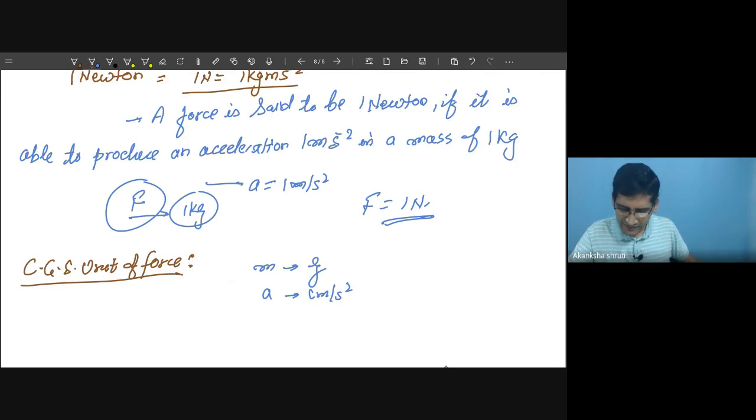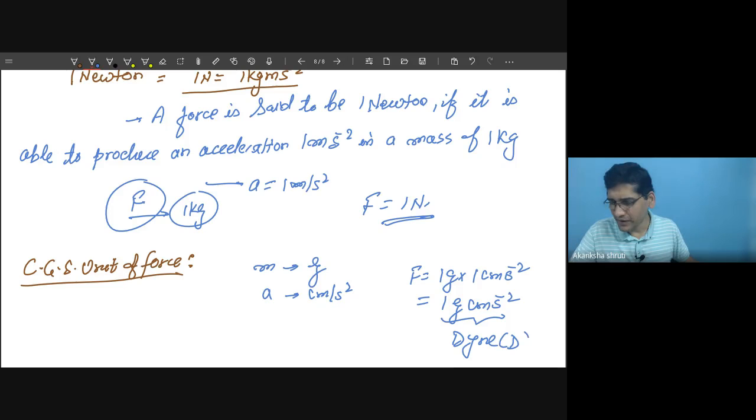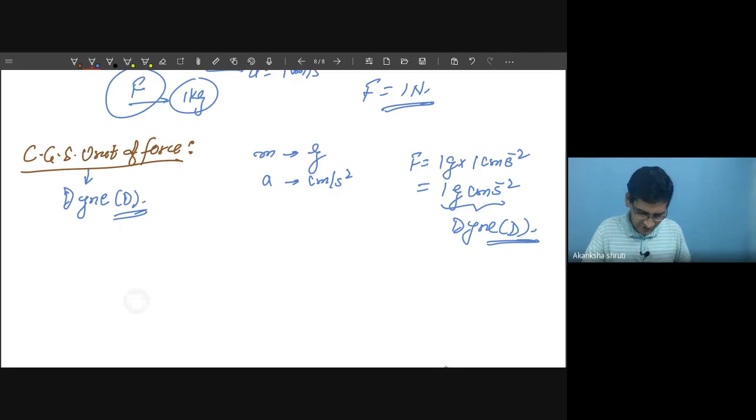Then the force that we obtain is 1 gram multiplied by 1 centimeter per second square. Means it is 1 gram centimeter per second square. This is called your dyne and denoted by D. Okay, student? So CGS unit of force is your dyne denoted by D. So 1 dyne or 1D is our 1 gram centimeter per second square.